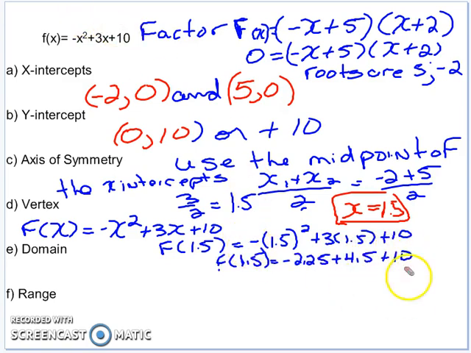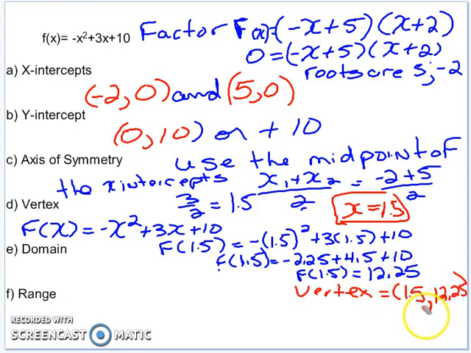I work that out, and I find that f of 1.5 is equal to 12.25. So that means my vertex, or my maximum value for this quadratic, is 1.5 comma 12.25. So 1.5 is my x-coordinate, and my y-coordinate is 12.25, or the maximum height would be 12.25.